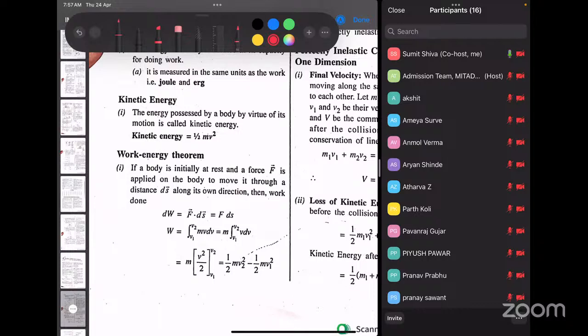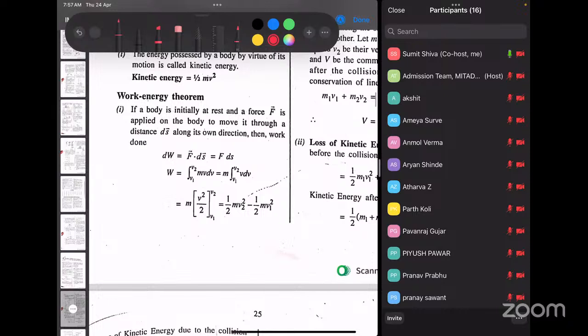So this theorem states that work done on a system by external forces will be equal to the change in kinetic energy of the system. So work done W is equal to change in kinetic energy delta K, that is K final minus K initial. This is the statement of the work energy theorem.